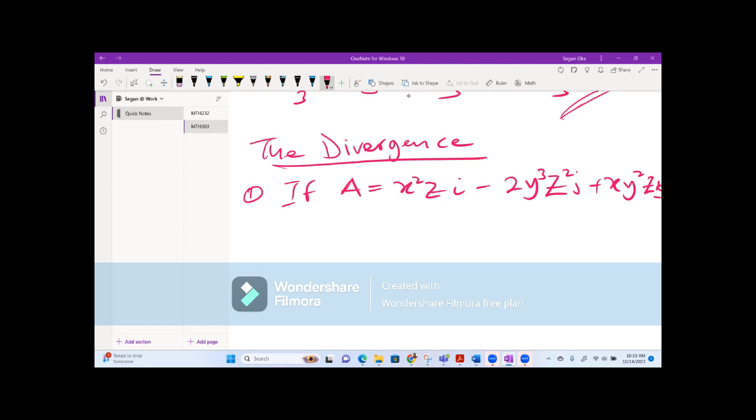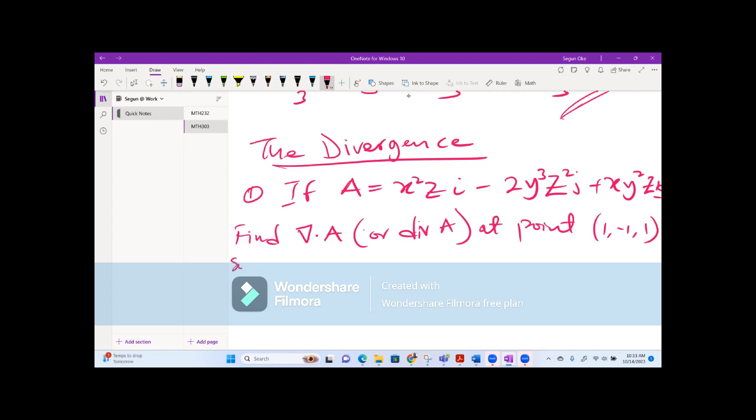The question says, find der dot A, or they are saying der dot A at point 1, minus 1, 1.